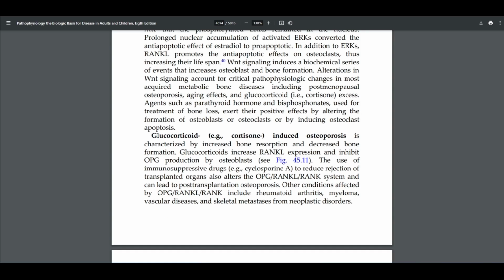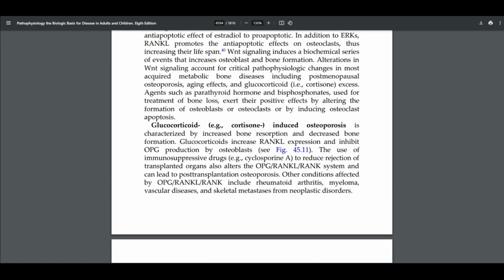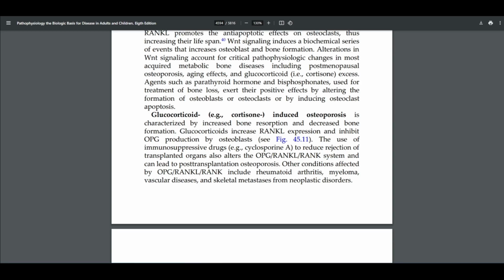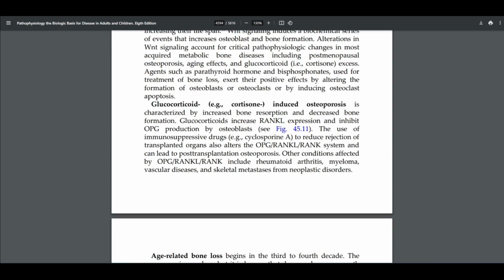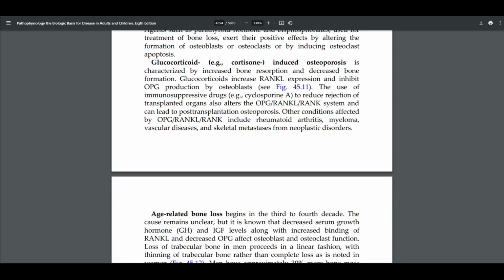Agents such as parathyroid hormone and bisphosphonates used for treatment of bone loss exert their positive effects by altering the formation of osteoblasts or osteoclasts, or by inducing osteoclast apoptosis.